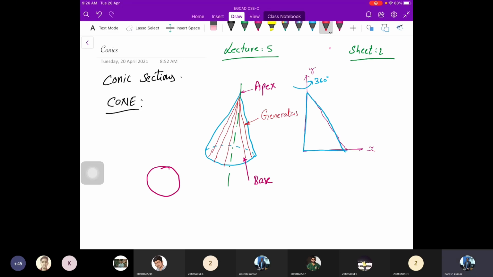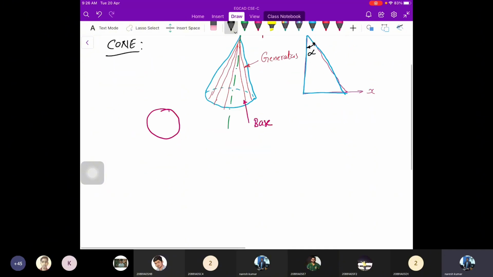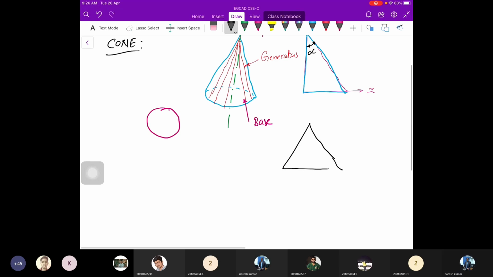Generators. If you see the angle of the cone here, alpha. Angle of the cone is alpha. If you take the front view of a cone, it will be something like this, a triangle.